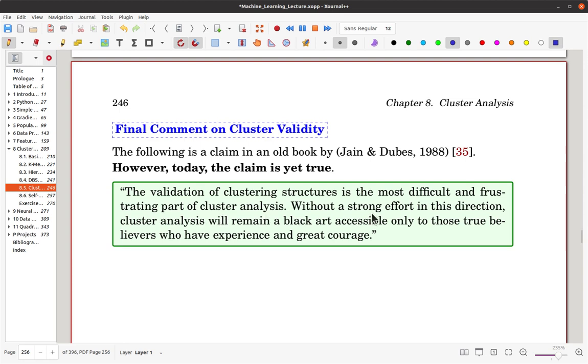Without a strong effort in this direction, cluster analysis will remain a black art accessible only to those true believers who have experience and great courage. As it says, cluster validation is quite complicated and frustrating. However, to get really good hidden structures, we have to do cluster validation.